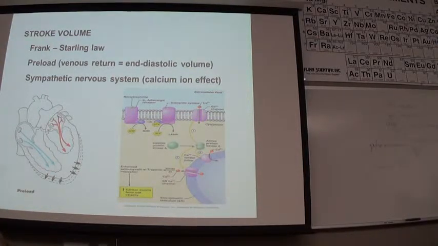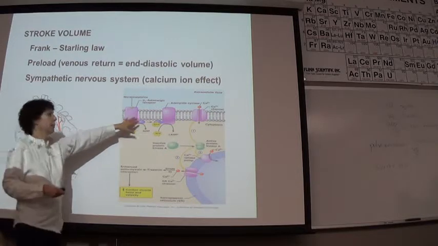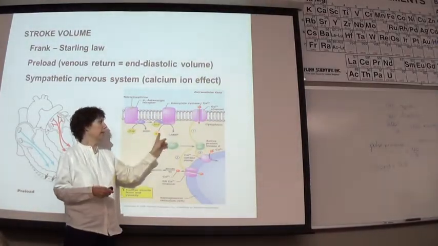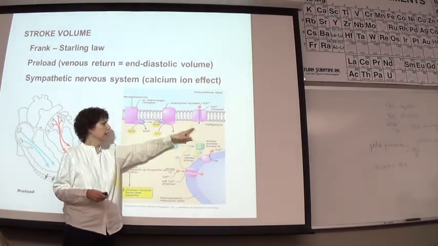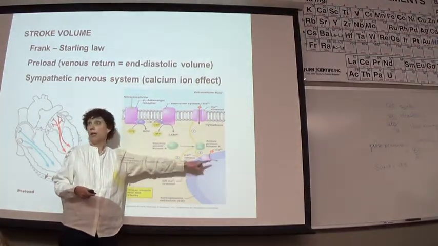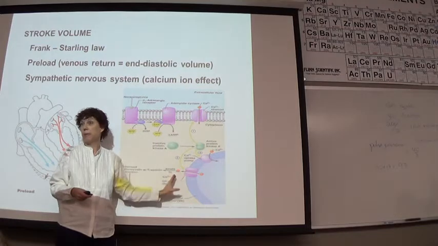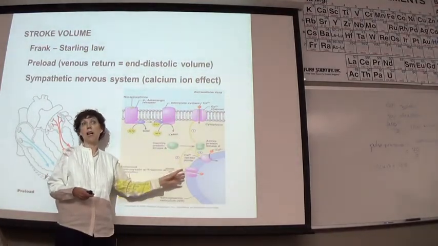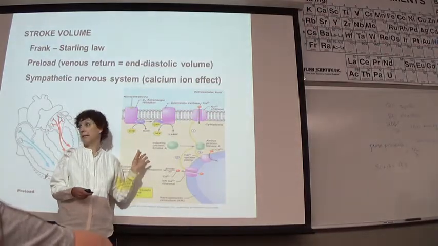What's different, that happens with cardiac muscle too, what's different is that we have calcium channels in our plasma membrane. And when these open, again, because of protein kinases, that causes even more sarcoplasmic reticular calcium to be released. So extracellular calcium becomes a factor in cardiac muscle cell, although it's not a factor in skeletal muscle cell.